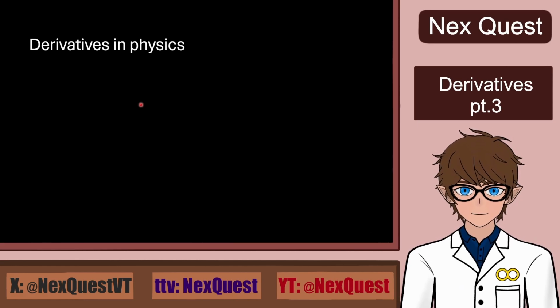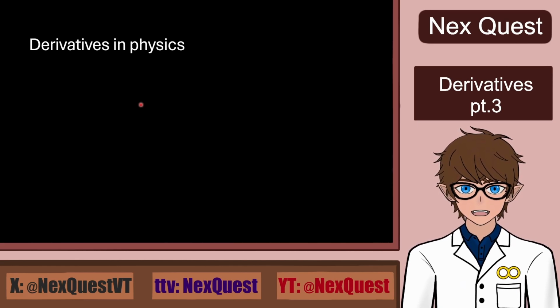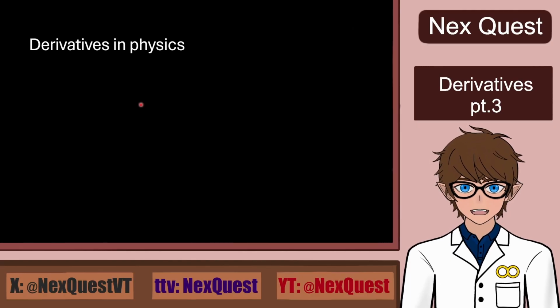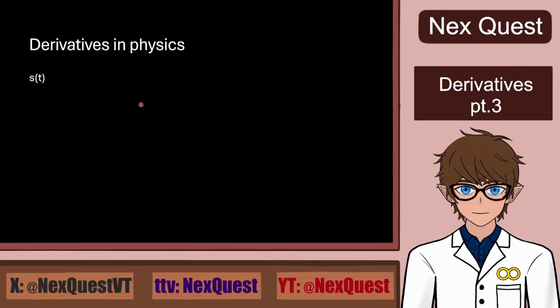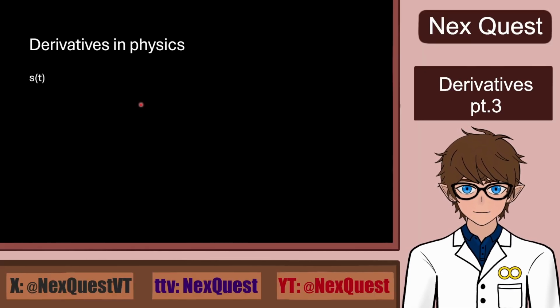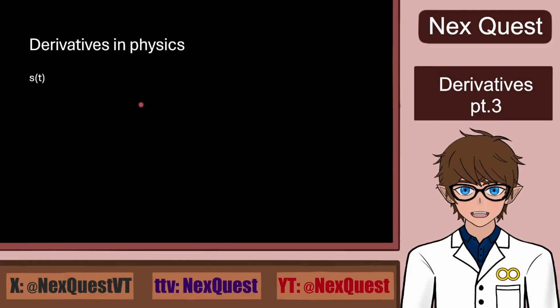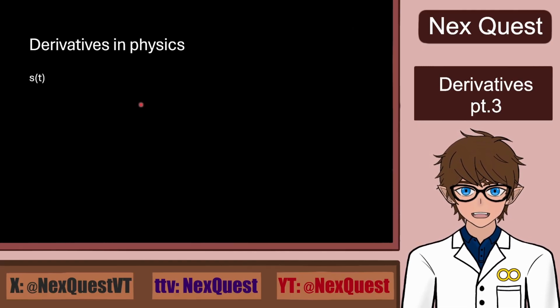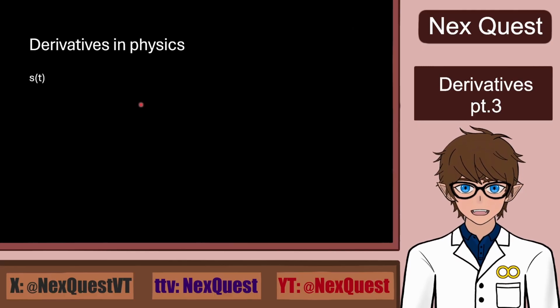Now, I know we haven't really done anything from physics, so I'll take it slightly slower and foreshadow how we will do stuff in physics. So let's say we all know that we can write position or distance as a function of time. So as time changes, so can some item's position. So let's say I put a ball on the ground.